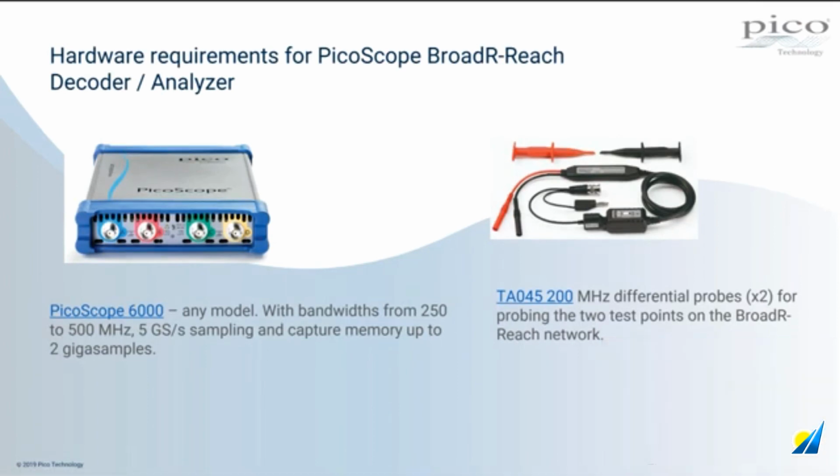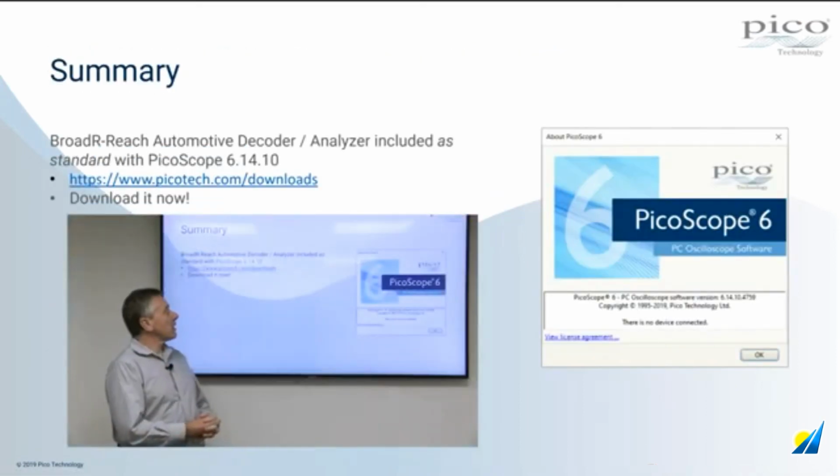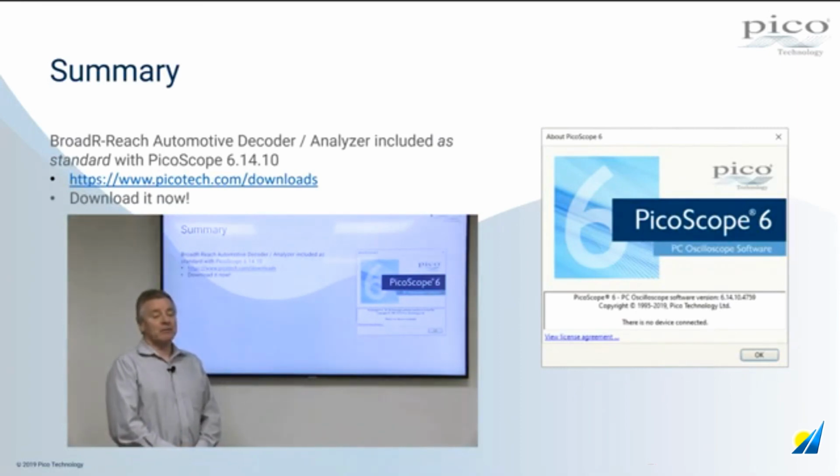So we'd like to finish by saying that the BroadR-Reach analyzer decoder is now included as standard with the latest version of the PicoScope 6 software, which is available free of charge for download from our website.